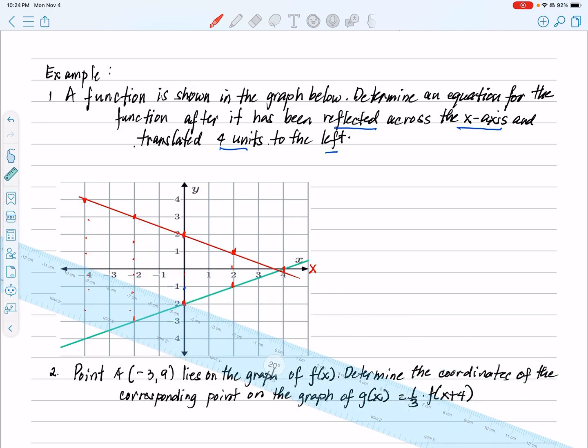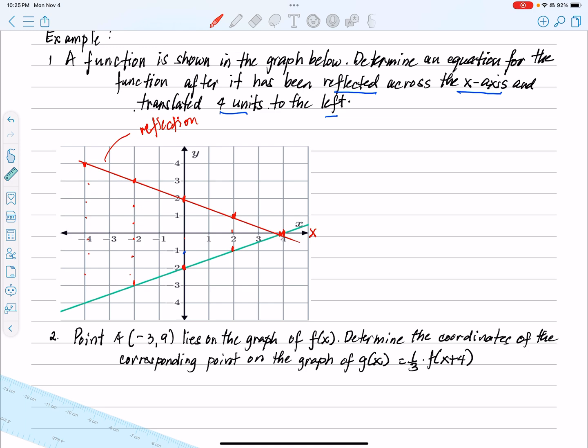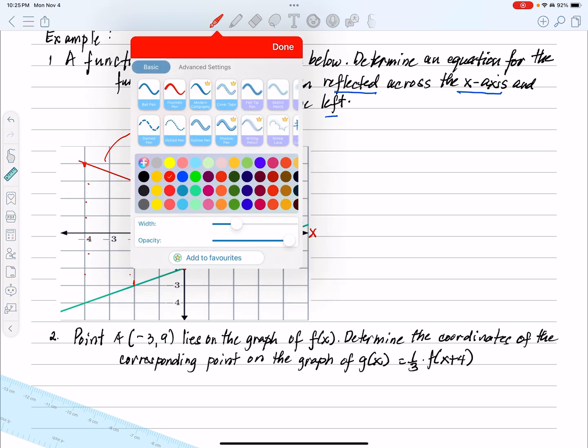So this is the reflection line. Now, after reflection, it moves 4 units to the left. So this point will move 4 units to the left. I'll try to use another color to make this clear.